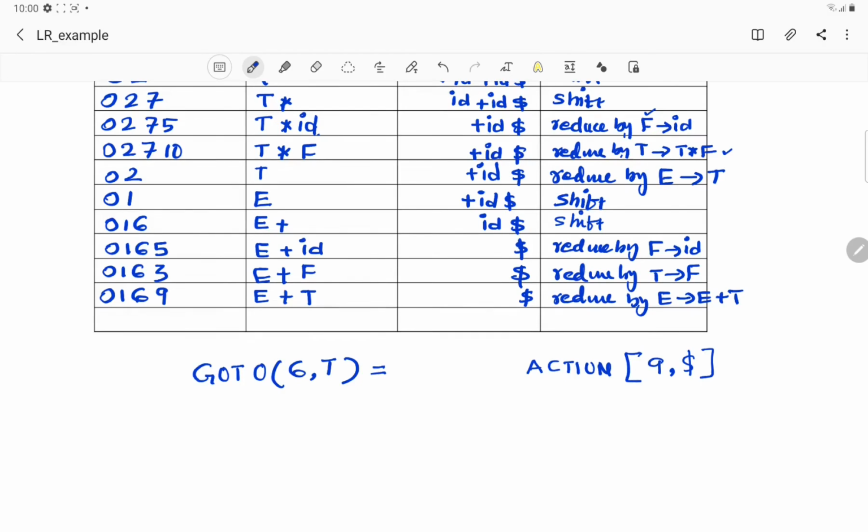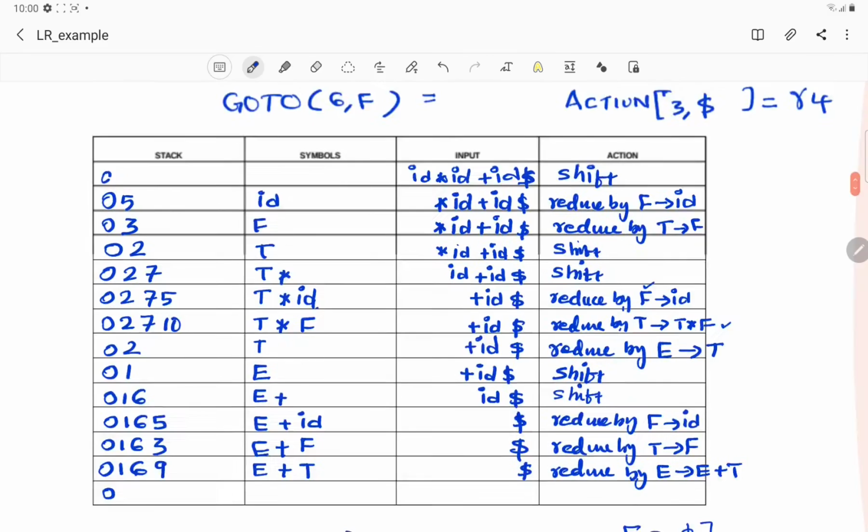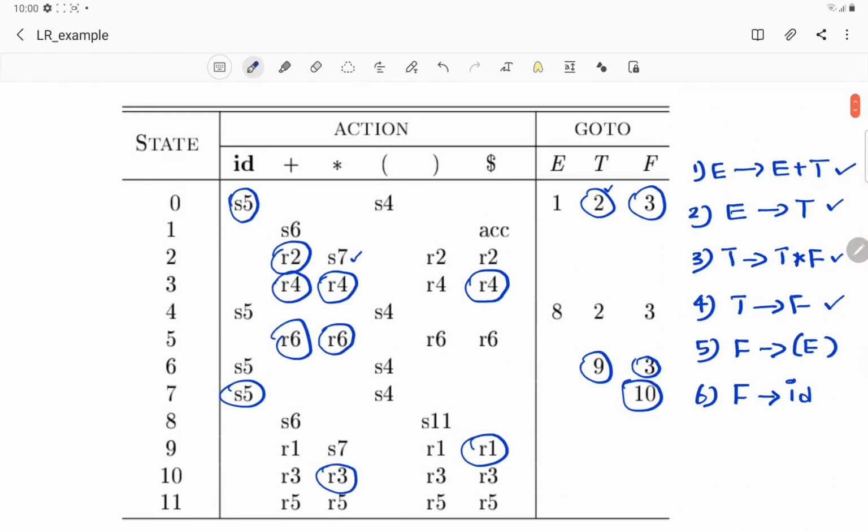In this case, the length of the right hand side is 3. So we pop 3 symbols off the stack. Next we have to compute the go to of the current top, that is 0 comma the head of the production, that is E. Go to of 0 comma E. What is the value?